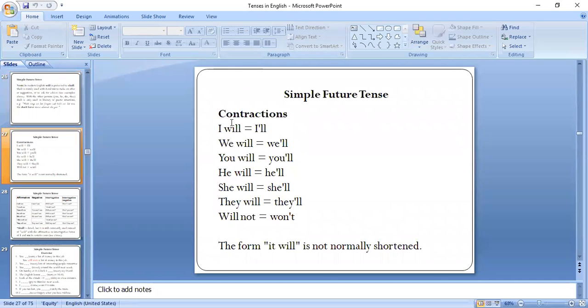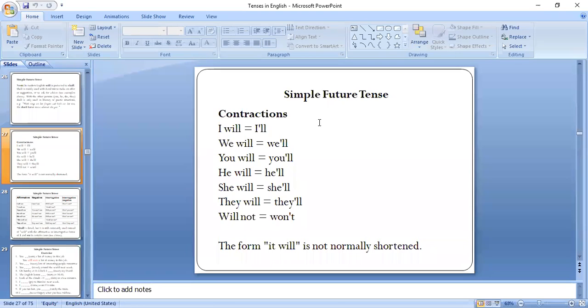Okay, contractions means what? Contractions means making short. What short form we have to use, that we have to say in this slide. Okay, so what are the contractions? Let's see the first, that is I will.